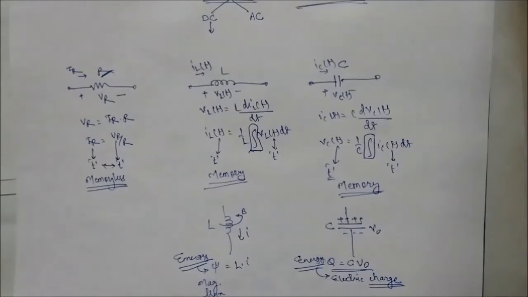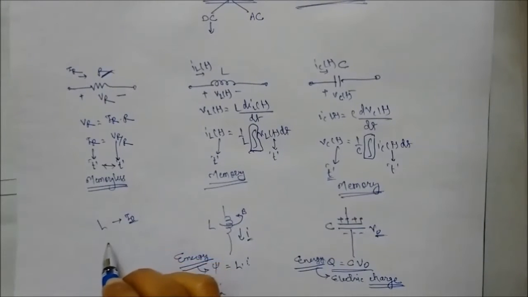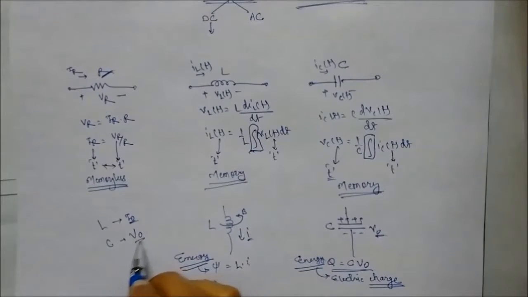Now this charge is stored in the form of voltage, V0, and in the case of inductor it is current, that is I0. Now because of the energy storing properties, these two elements oppose sudden changes in the energy across these elements. So the inductor stores in the form of current, the capacitor stores in the form of voltage.